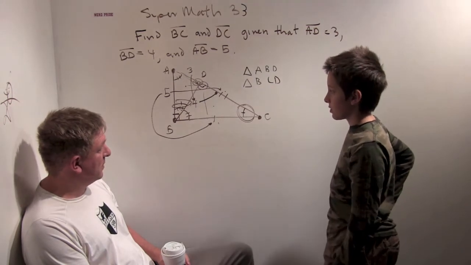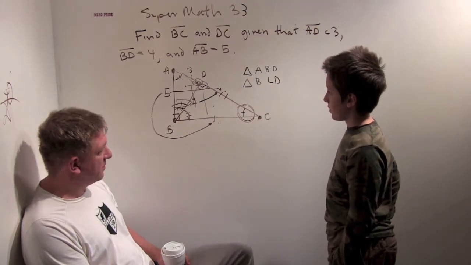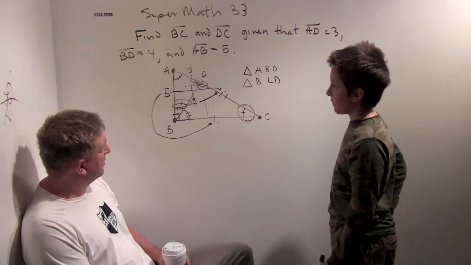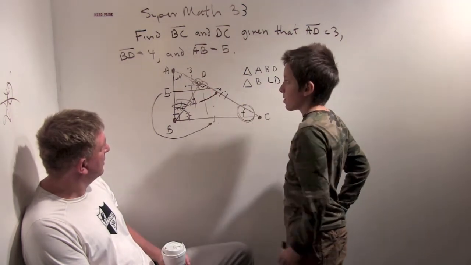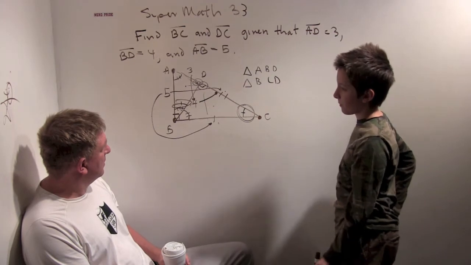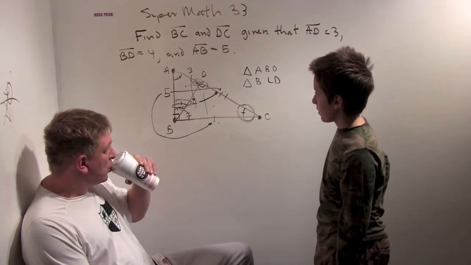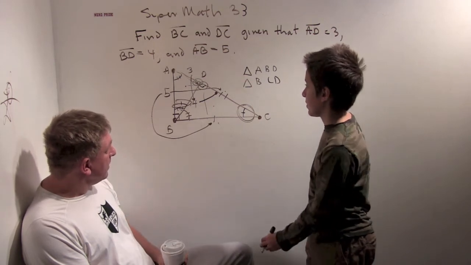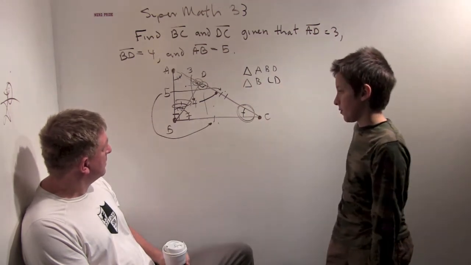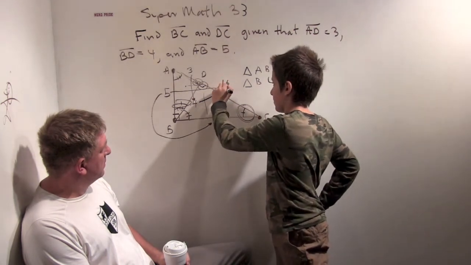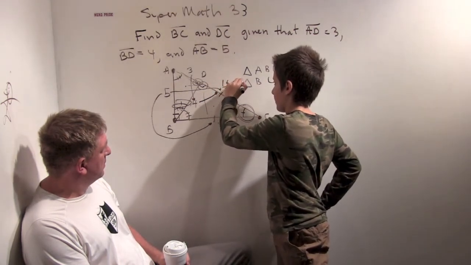So, all right. What are we going to use for our similarity now? Well, if 3 goes to 4, you're multiplying everything by 4/3. So we need to multiply 4 times 4/3, which would be 16/3, or 5 1/3.